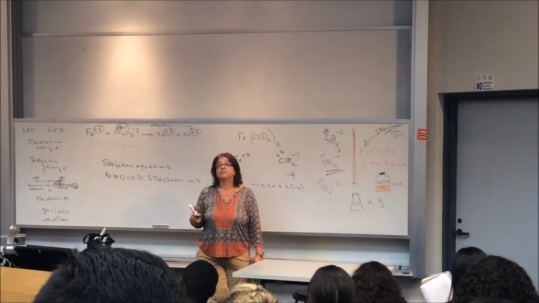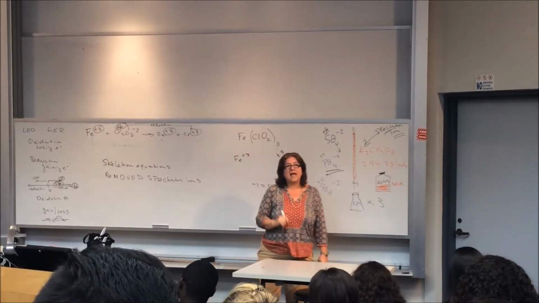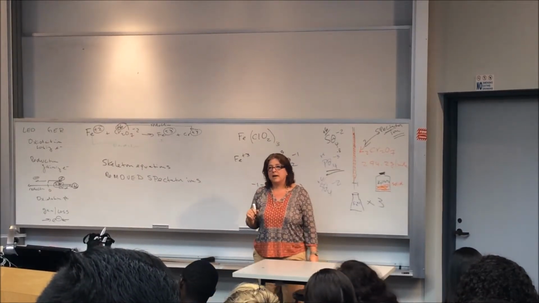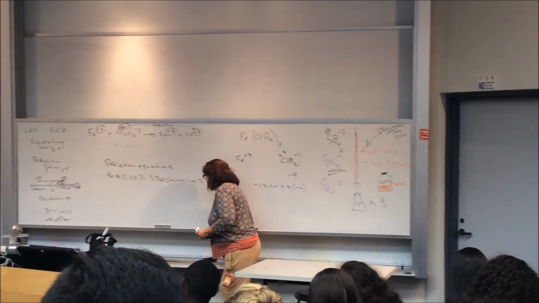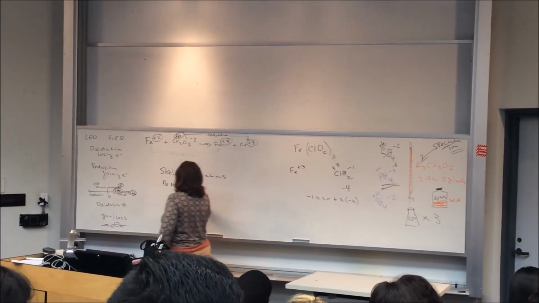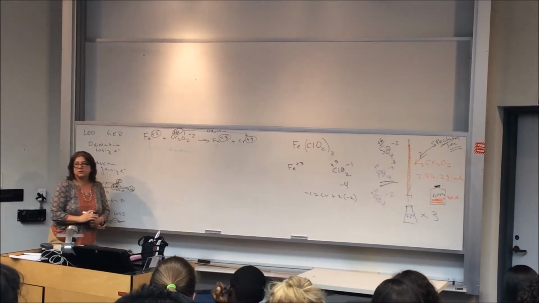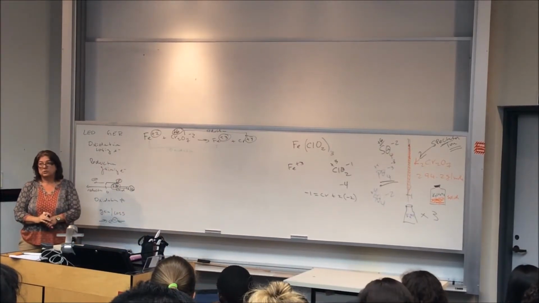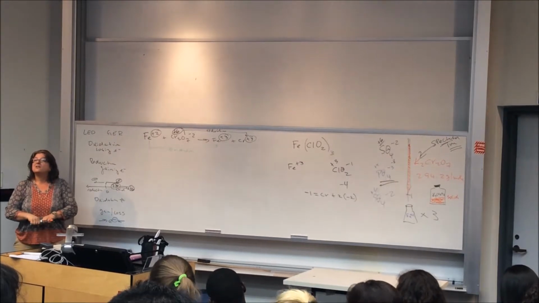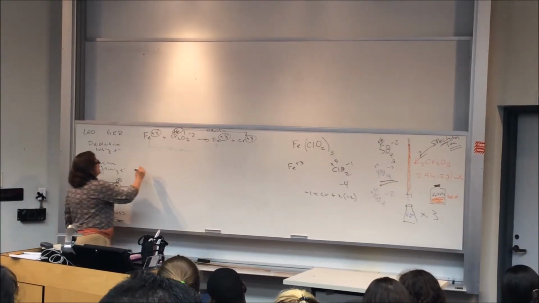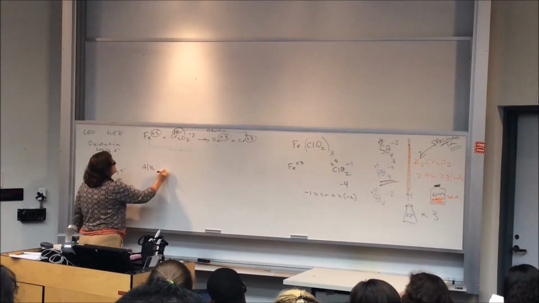Is that fair? Okay. In your labs, you're going to apply the concept of normality, the equivalent weight and the concept of the equivalent to redox reactions. The modification is the following. In acids and bases, what was the equivalent?